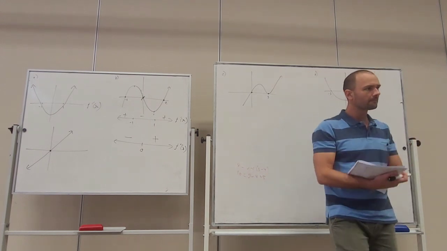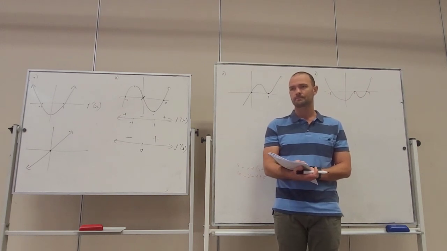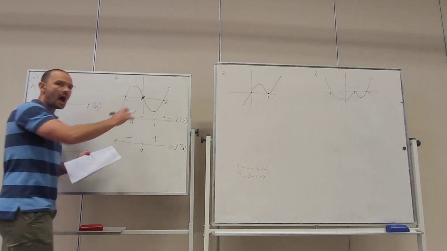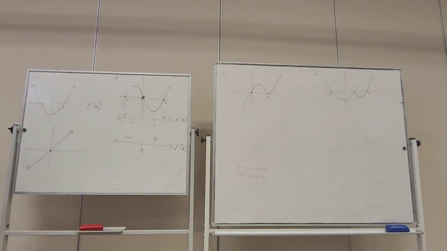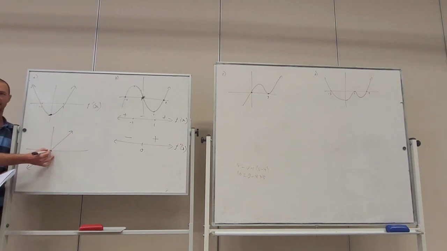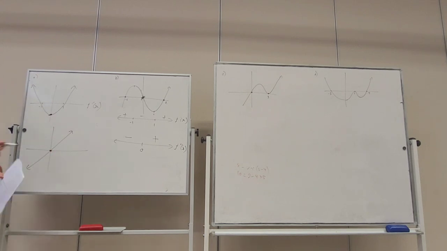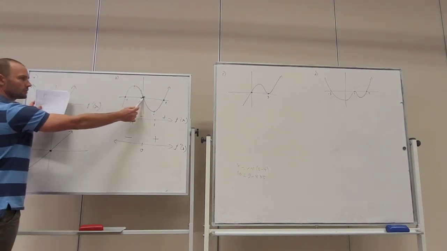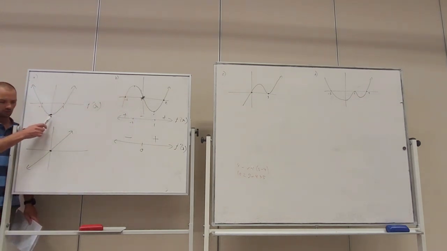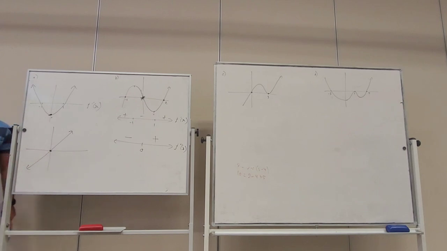The points of inflection on f(x) are the stationary points on f'(x), a stationary point, local minimum, which is the roots on the second derivative. So you can see a point of inflection on the first function corresponds with a stationary point on the second function, which corresponds with a root on the third function.